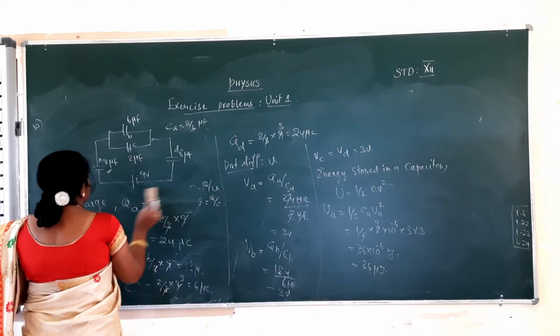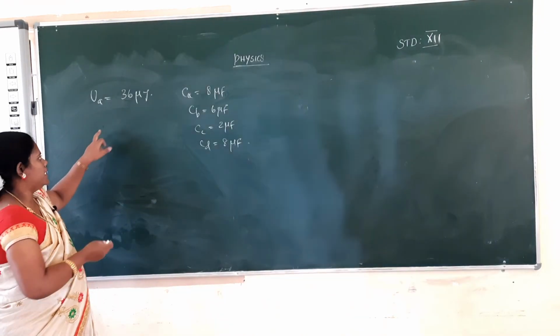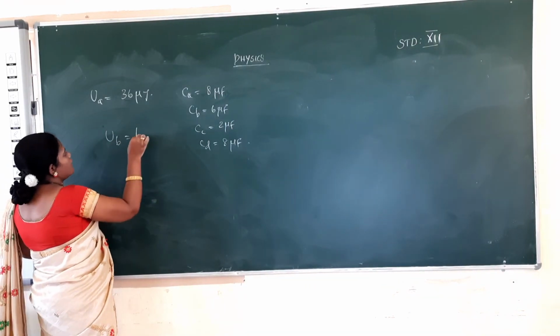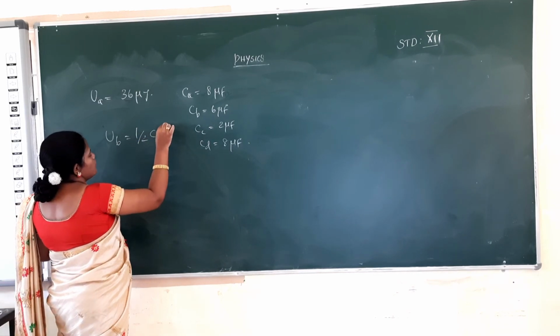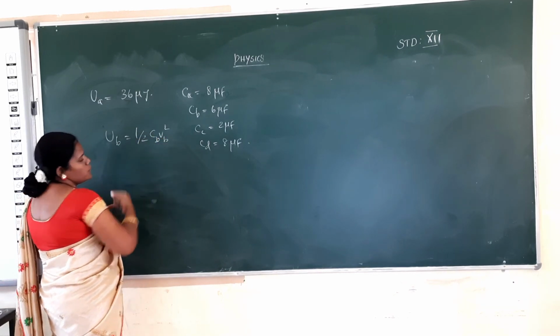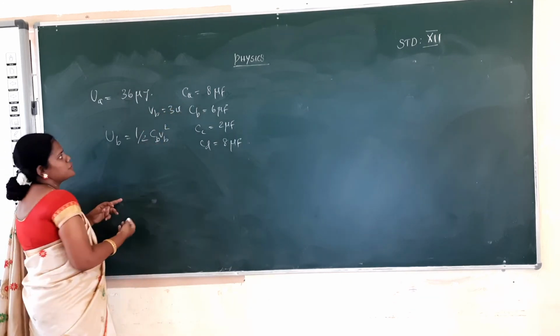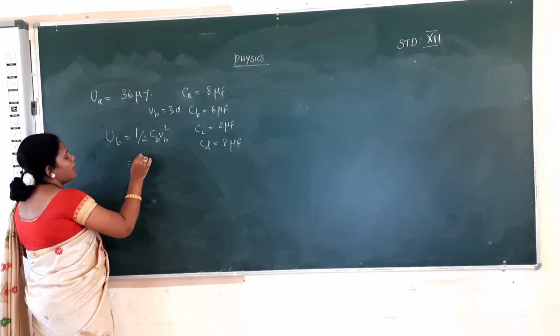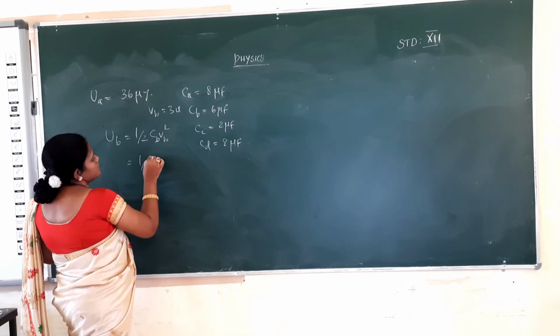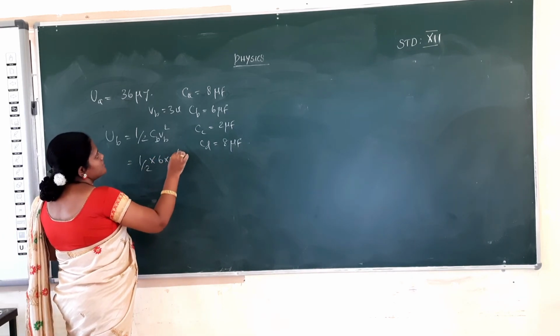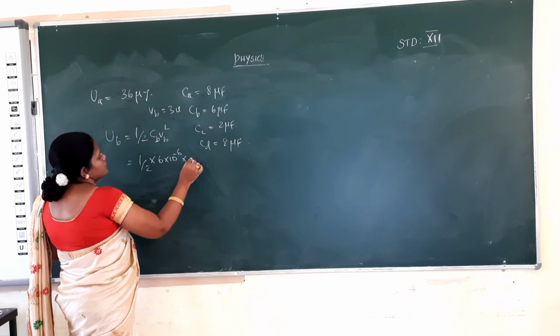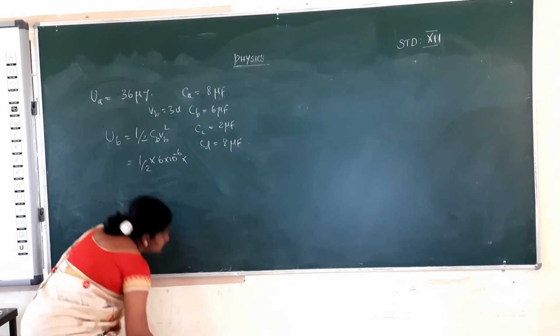Now we calculate UB. UB is equal to half CB VB square. The VB value is 3 volt. Substitute the CB value and VB value: half into 6 into 10 power minus 6, and VB is 3, so 3 square.